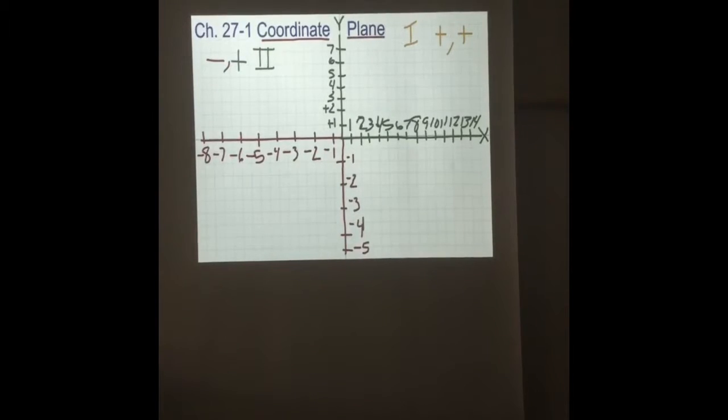Then sector 3 would be down here, counterclockwise. What would this be? Well, this would be a negative because we'd be going this way first, right? And the second number would be going this way, so that's why this would become a negative, negative. Quadrant 4 is IV, the Roman numeral, and our first number, our X number, would be going this way.